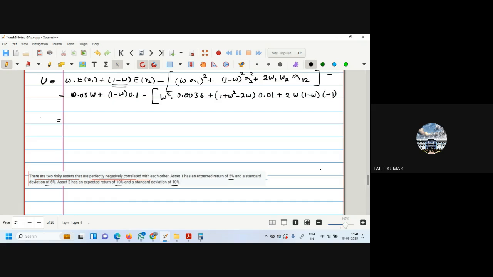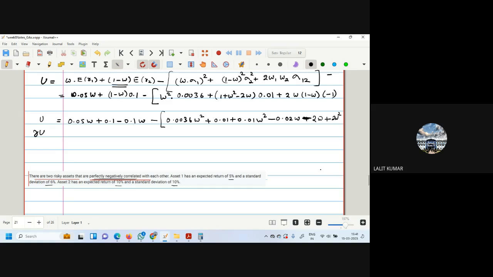So this is now 0.05 W plus 0.1 minus 0.1 W minus, now you can open this, this will become 0.036 W square plus 0.01 plus 0.01 W square minus 0.02 W plus, sorry, minus 2 W plus 2 W square.